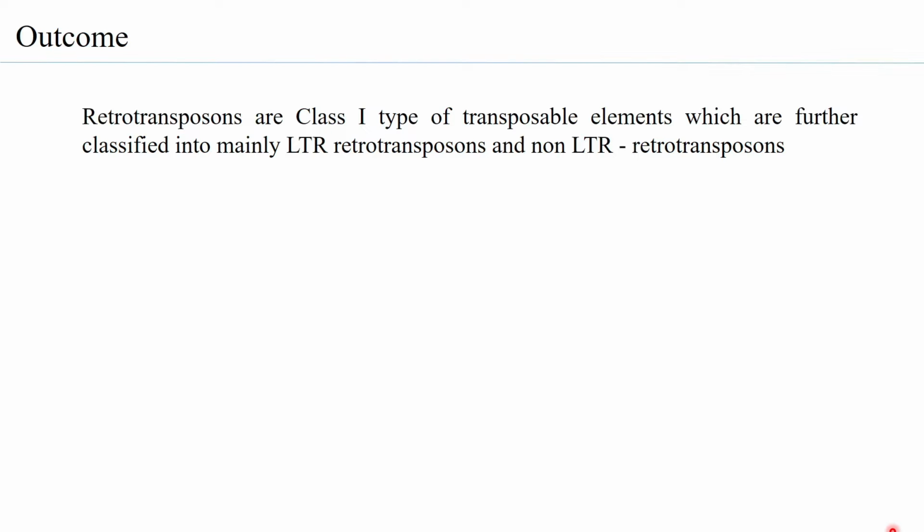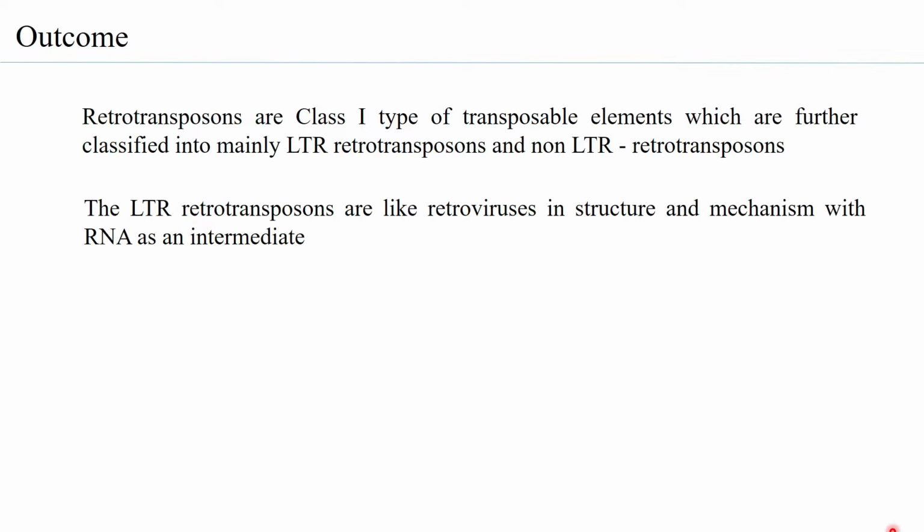Retrotransposons are class 1 type of transposable elements, which are further classified into mainly long terminal repeat retrotransposons and non-long terminal repeat retrotransposons. The long terminal repeat retrotransposons are like retroviruses.